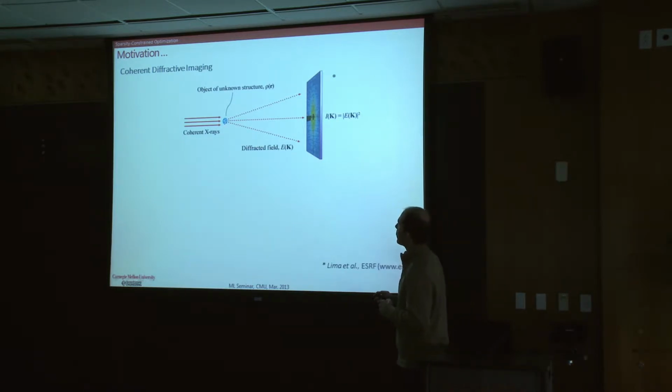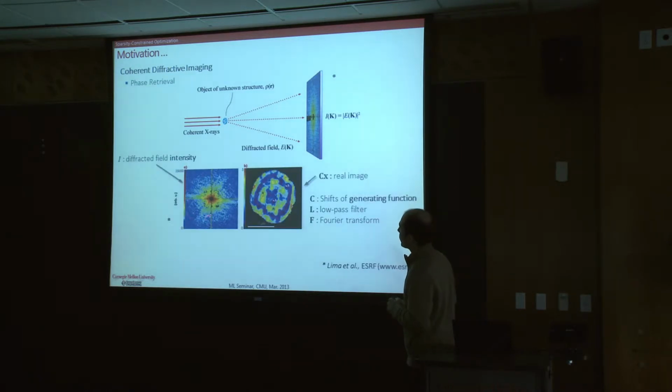And you hit the object with a coherent X-ray beam or laser, and this object acts like an aperture, and you record the far field intensity of this diffracted field on a panel far away. And you want to reconstruct the shape of this tiny object. So what you record is something like this on this panel, the intensity of this diffracted field, and you want to reconstruct an image like this. So this is, for example, the image of a bacteria.